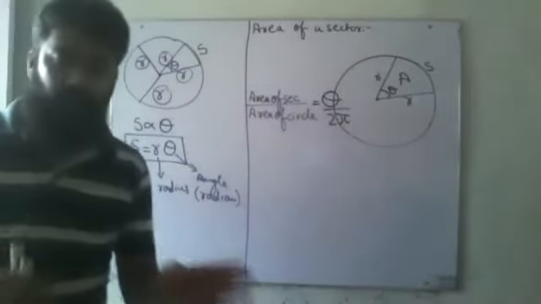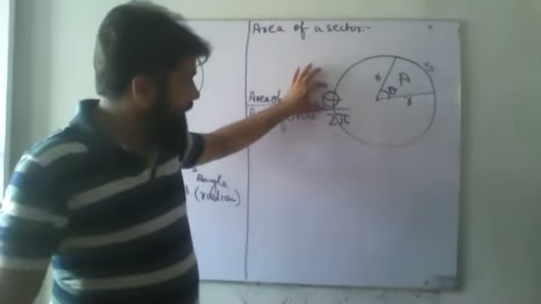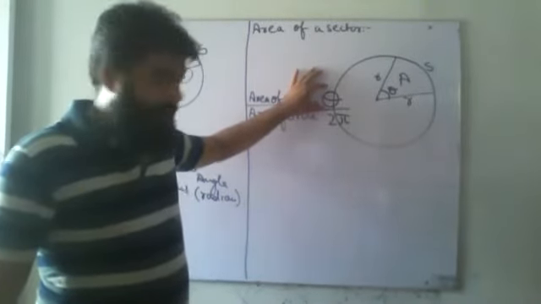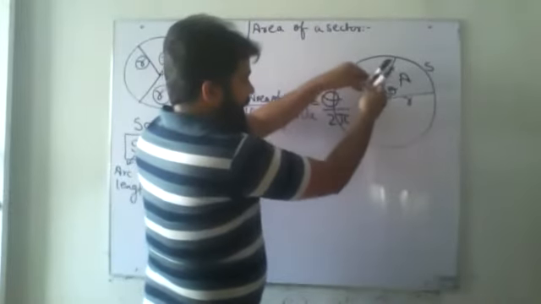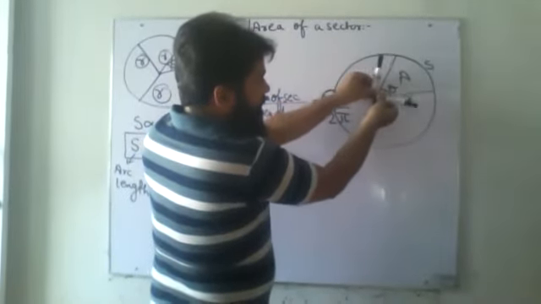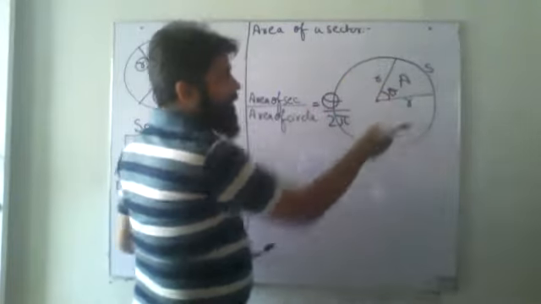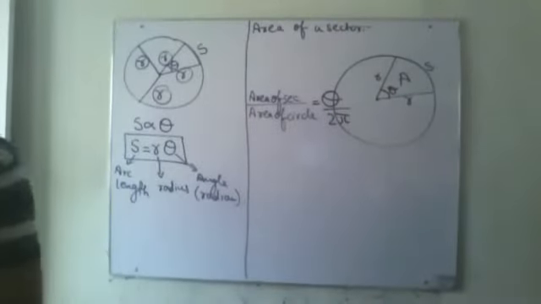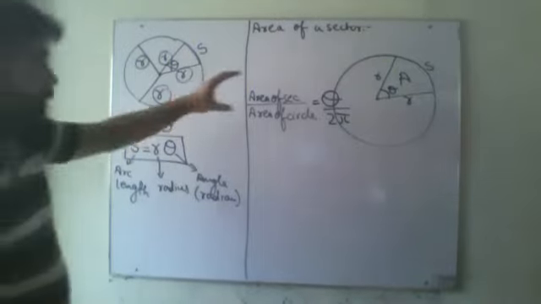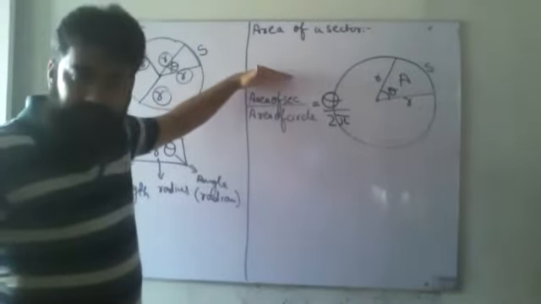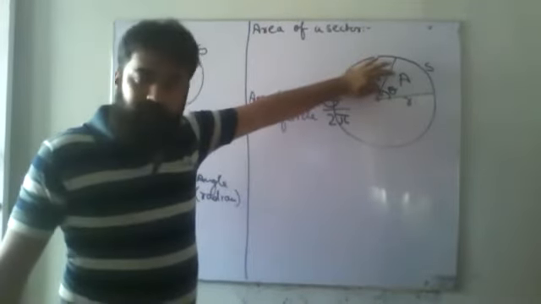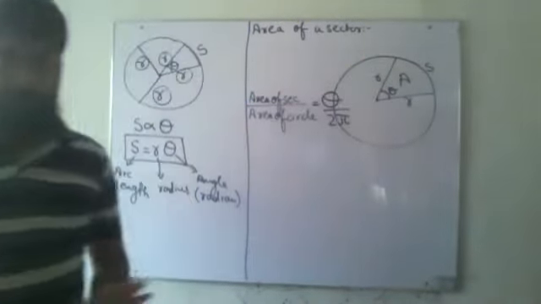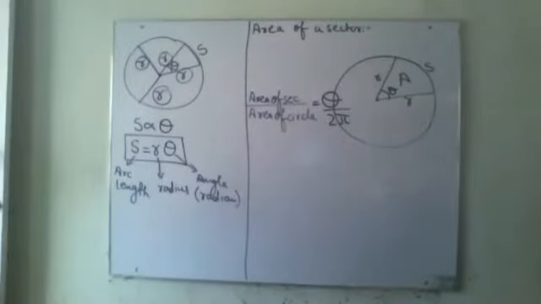These two ratios will be equal. Why? Because if I increase theta, the area of sector will increase. If I increase theta, it will be expanding, so the area of sector will also expand. So the ratio between area of sector and area of circle equals the angle of sector to the angle of circle.